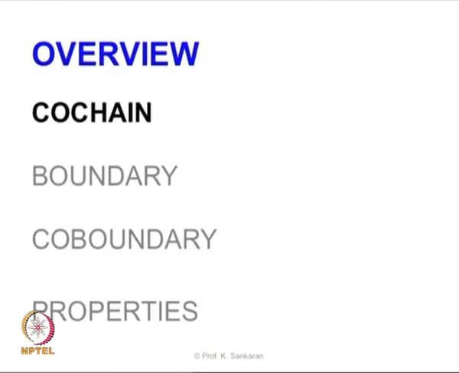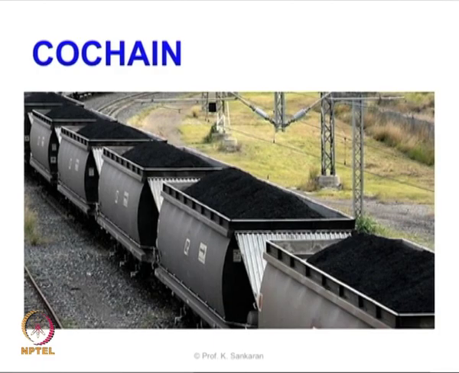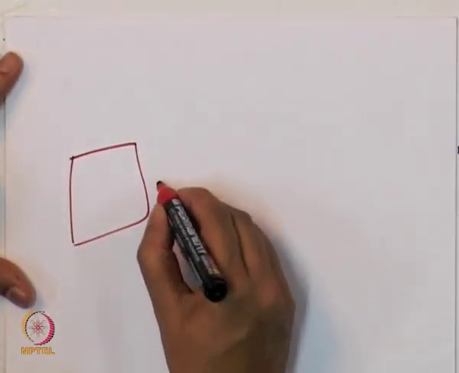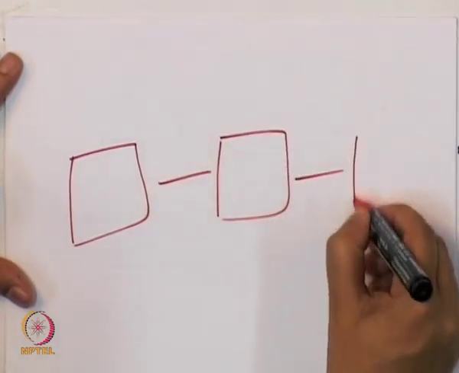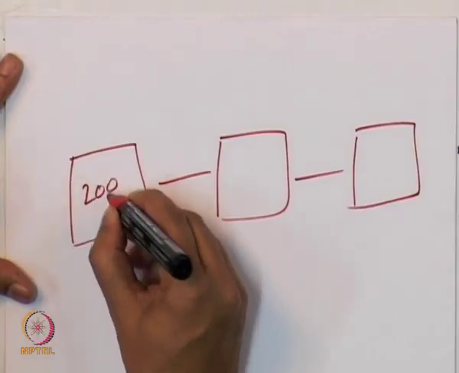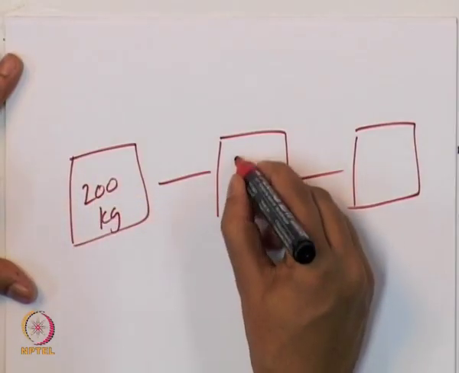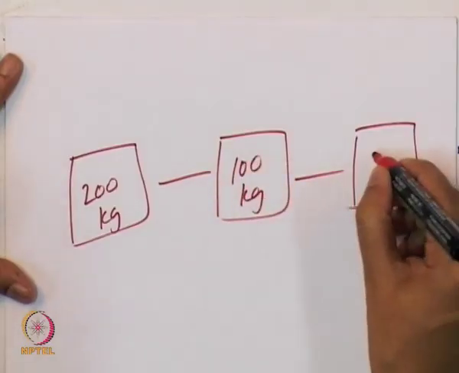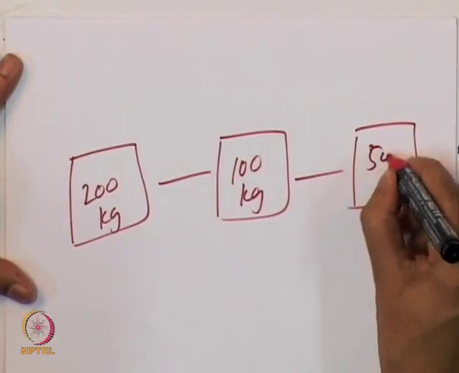Okay, let's go into the topic of cochains. Look at this figure here. It consists of a series of compartments, or bogies, with materials inside. In other words, we have certain boxes that are tied together. Let's say here there is 200 kilograms of material, here 100 kilograms of the same material, and 50 kilograms of the same material.